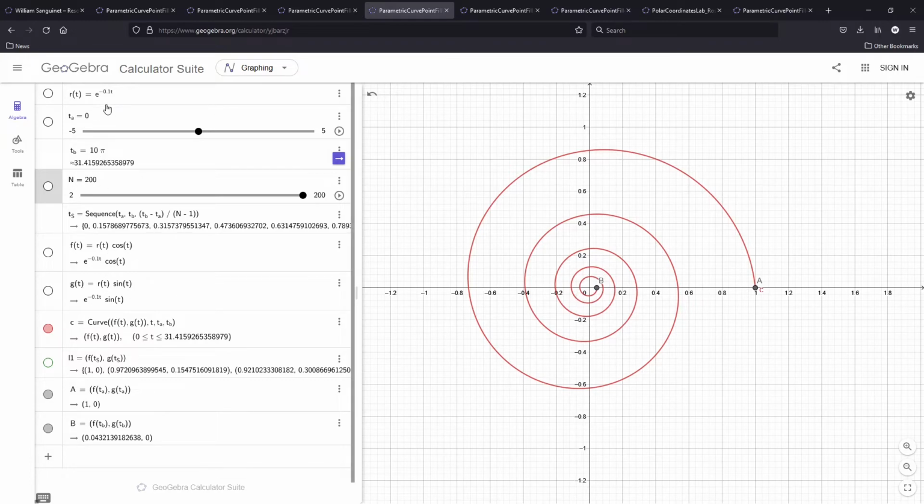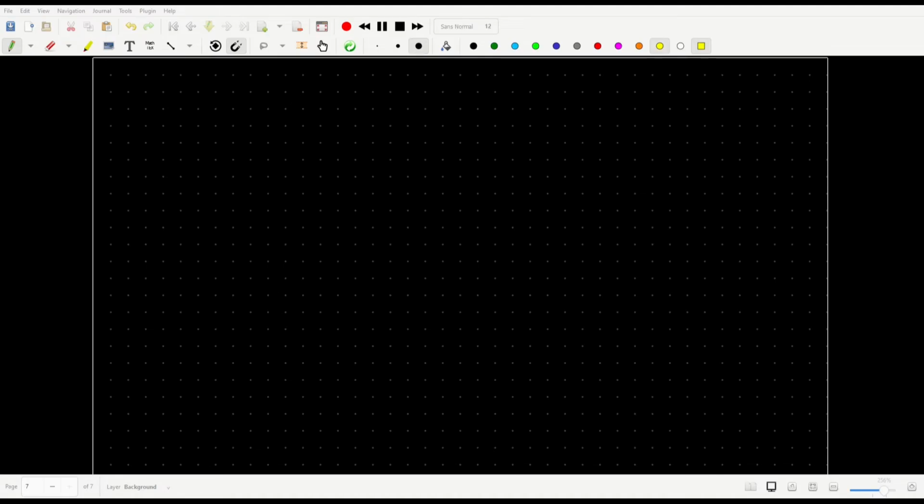This is because I've chosen an omega value of negative 0.1 here. So the radius is decreasing exponentially as your parameter gets larger and larger in the interval of the parametric curve. The next example that I want to go over is what's called the cardioid.